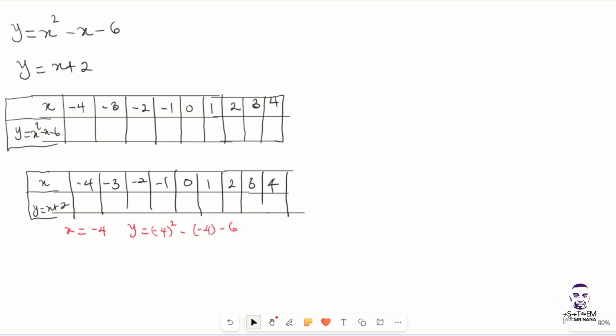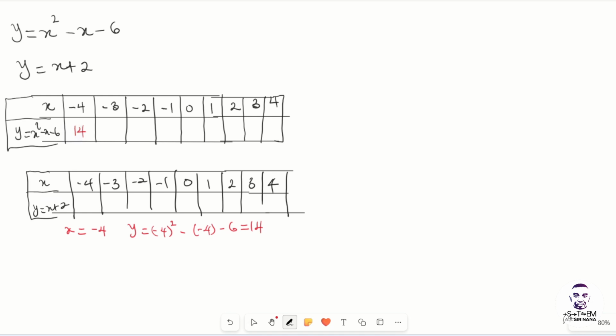We know that -4 squared gives us 16. So 16 minus -4 gives us +4, and then minus 6. That should give us 14. So we want to be as tidy as possible, so we are going to have 14 here.